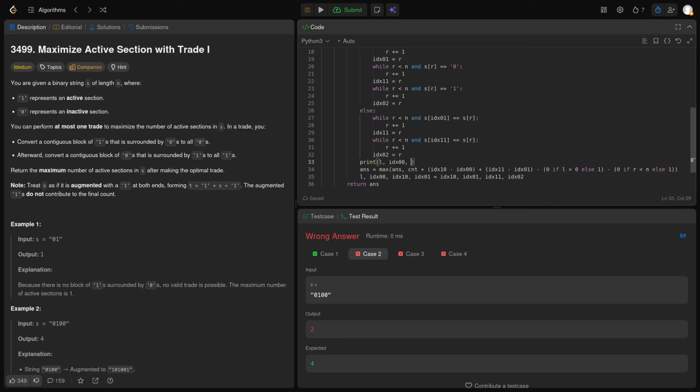Index 0 0, index 1 0, index 0 1, index 1 1, index 0 2, R. 2 3 5 and 6 and 6. Should be this minus this and then this minus this, so that's 3.